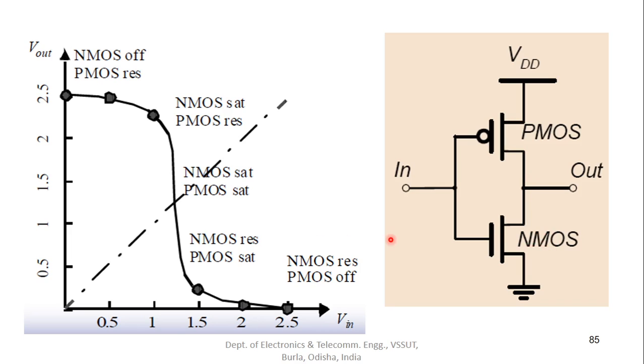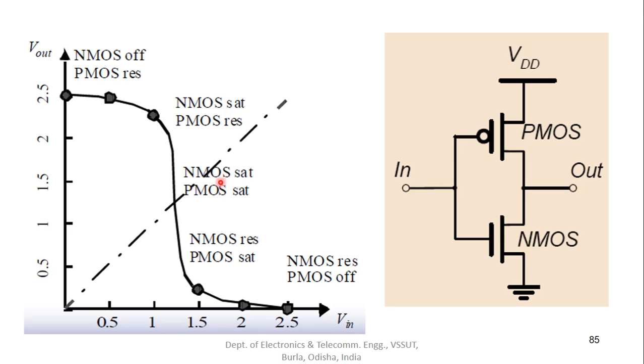So what I am trying to say is that the amount of current that flows through this branch between VDD and ground depends on the mode of operation of the PMOS and NMOS devices. The current through this branch will be maximum when PMOS and NMOS are both in saturation mode and able to pass the maximum amount of current possible.